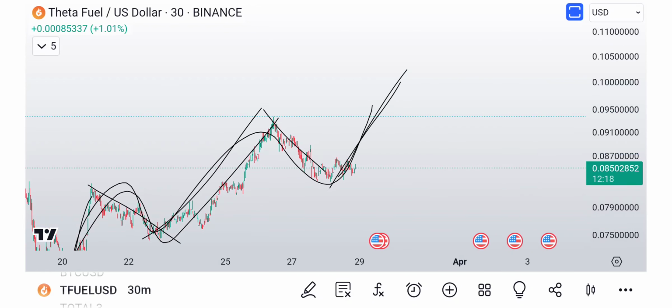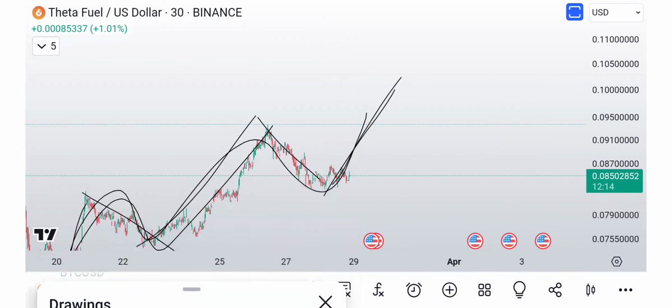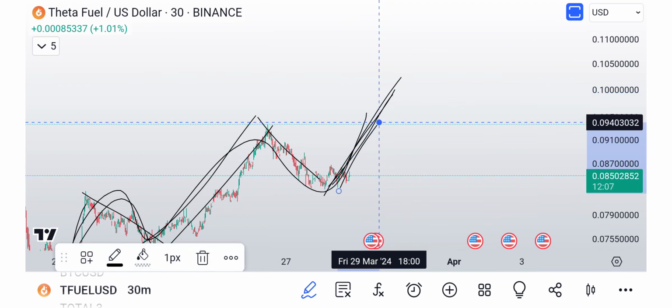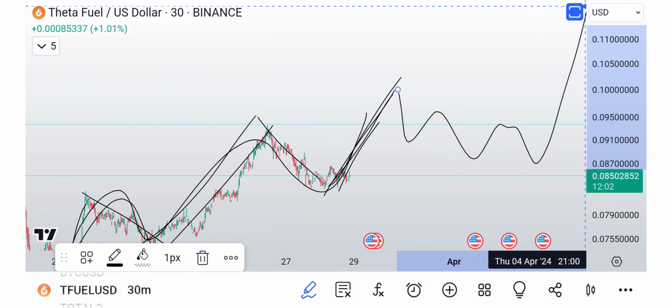So we really want to see that fifth wave come in if we want it to continue as far as time goes. But if we get this fifth wave, then I would look for an A, B, C pullback, and then a continue higher.